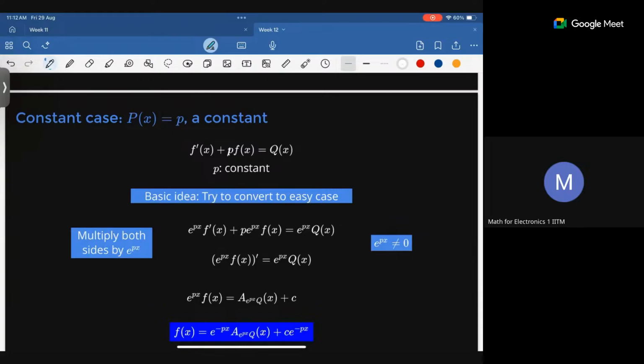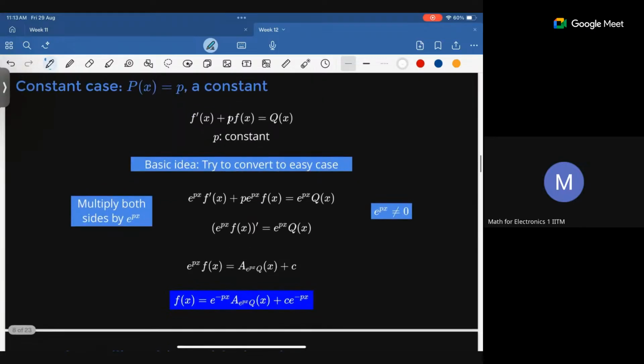And then you divide by e power px on both sides. Ultimately, we'll have the expression f of x is equal to e power minus px times the antiderivative of e power px into q of x. So the challenge is we have to compute this antiderivative.